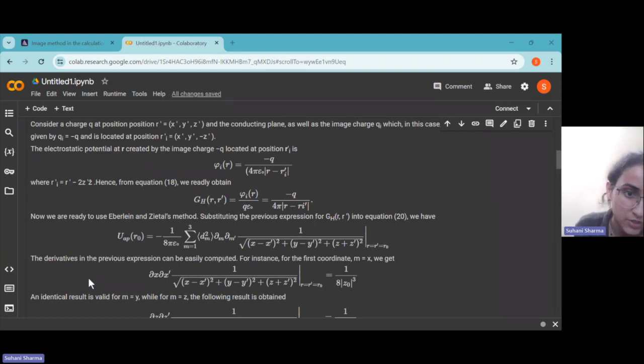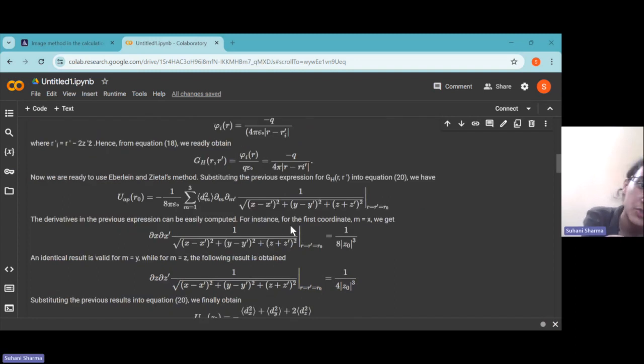The bigger equation we have written here, U AP at r naught is equal to minus 1 over 8 pi epsilon naught, summation, and all these things at r equal to r dash equal to r naught. So this is the final equation from which we are going to find the interaction energy.